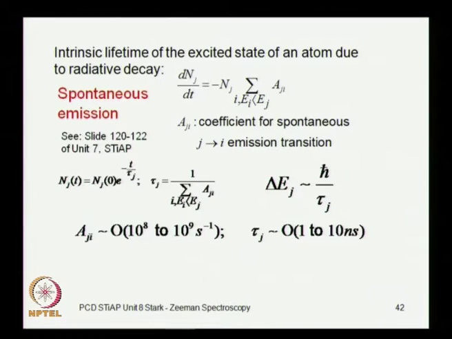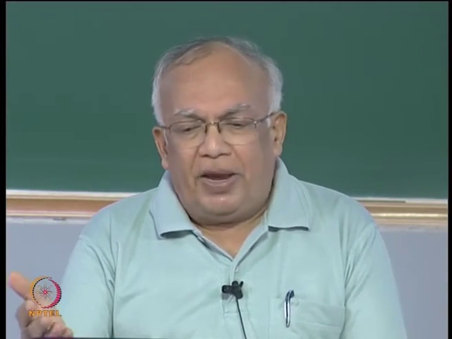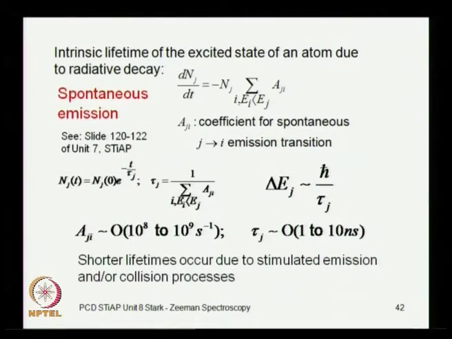lifetime magnitude. But then of course, when you have an ensemble of hydrogen atoms, this lifetime can actually be reduced further because of collisions. If two hydrogen atoms collide with each other, then it can reduce this lifetime compared to what you get from the consideration of a single hydrogen atom like this.